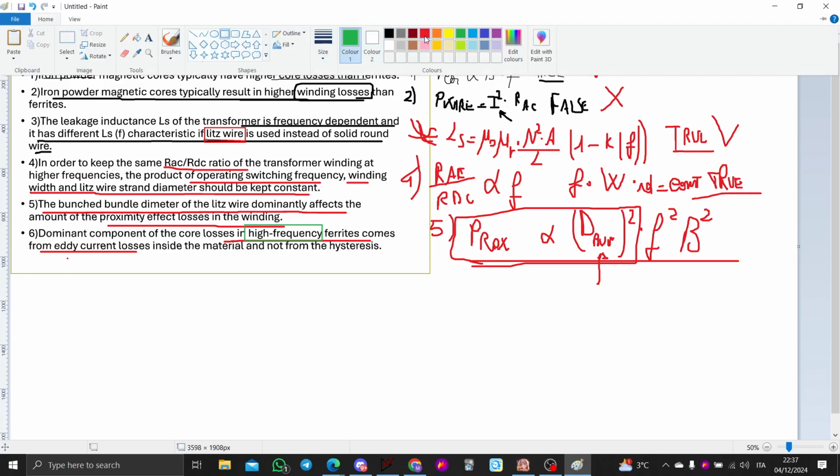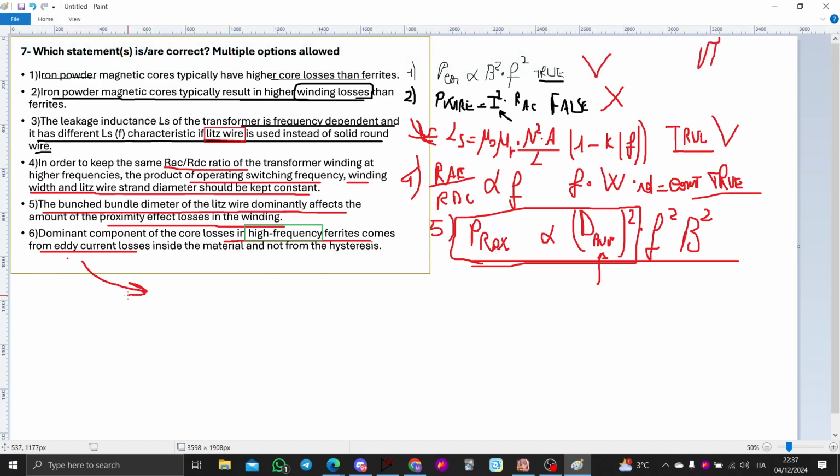If you don't trust me, I can give you the formula. Yes, I did some research. The losses of the eddy currents are proportional to B squared, F squared, and D squared.